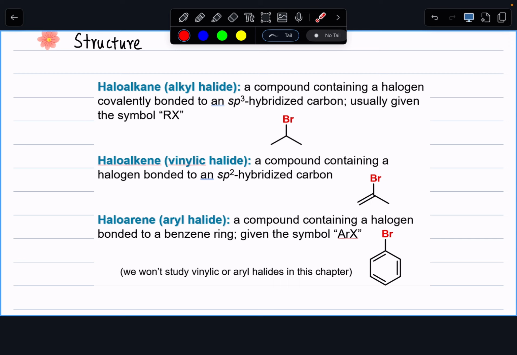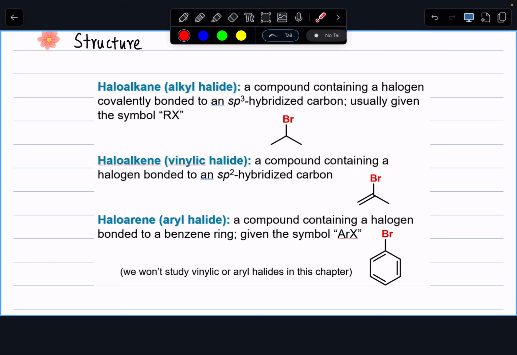Alternatively, we could also have a vinylic halide, or haloalkene, where you have a halogen bound to an sp2 hybridized carbon. Remember, we start from alkynes, and then you can do one halogenation to form these haloalkenes.